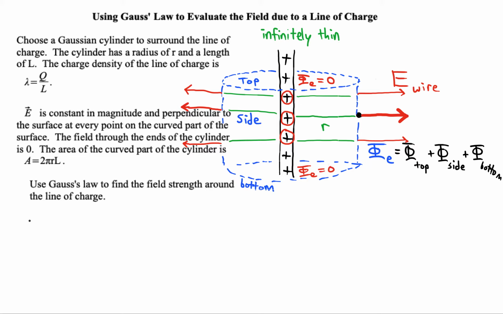With this in mind, the total electric flux will only be the flux due to the side piece, which will be the field strength due to the wire times the area of the cylinder. Now we have a formula for area of a cylinder.